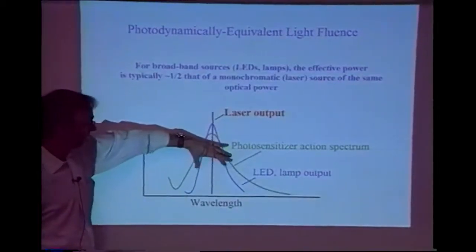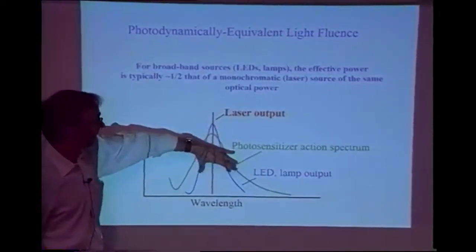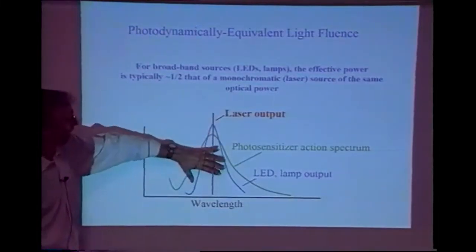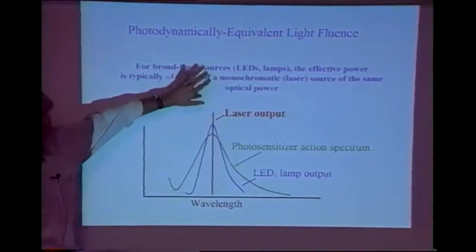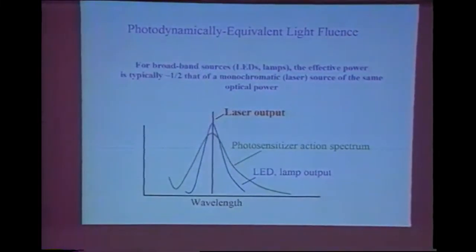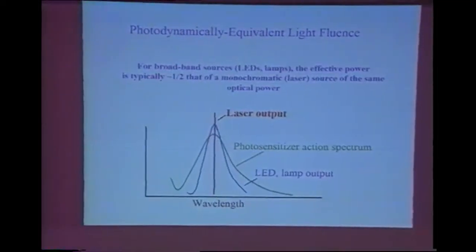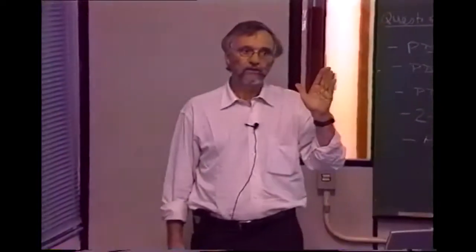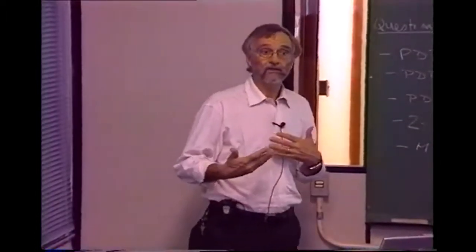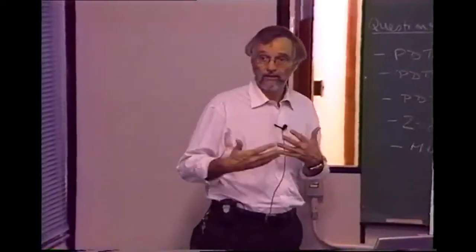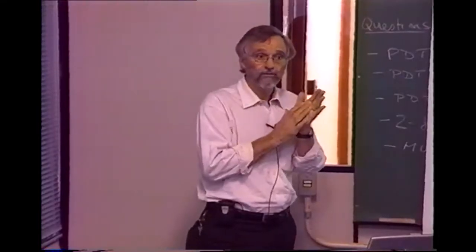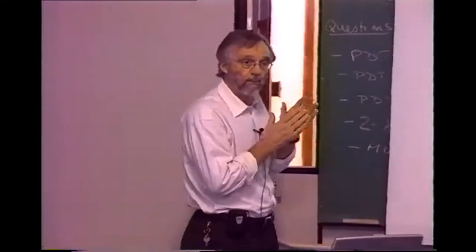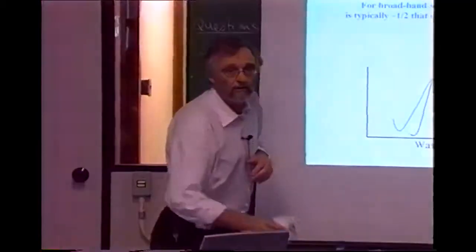So generally for LEDs and for filtered lamps, you find that the effective output power is about half of the output power of a laser at the equivalent central wavelength. So it usually requires about twice as much light with an LED source as a laser source at the central wavelength. Yeah, but that doesn't mean that you're going to have half of the effect.